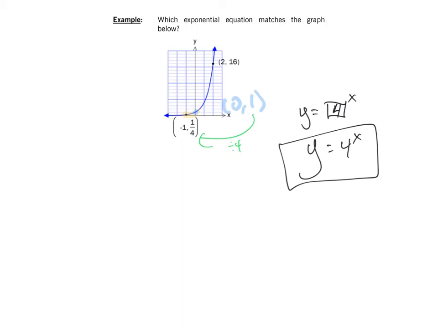We really didn't even need the other point, 2 and 16. You could use it, and you could do this a slightly different way. But again, the whole point of this is basically just to try and find a way that works.